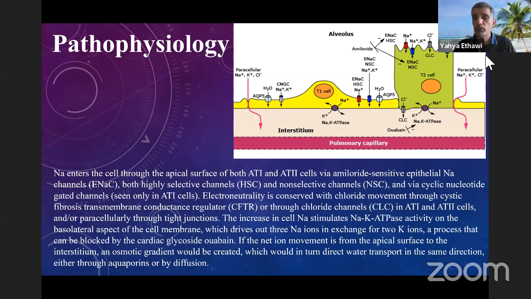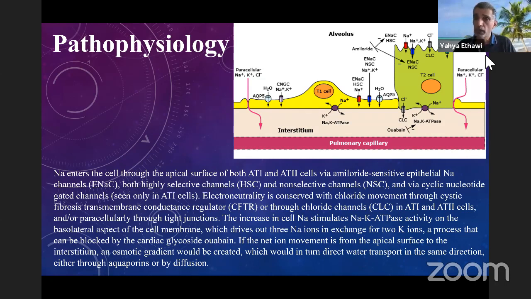Both of them are called amiloride-sensitive epithelial sodium channels, and they are present in AT1 and AT2, the epithelial cells, apical 1 and apical 2. And as I said, they are amiloride-sensitive. They are of two types. The first type is selective, and the other type is non-selective.